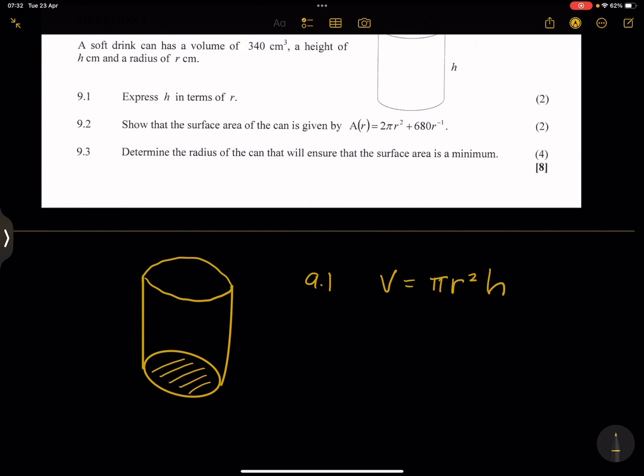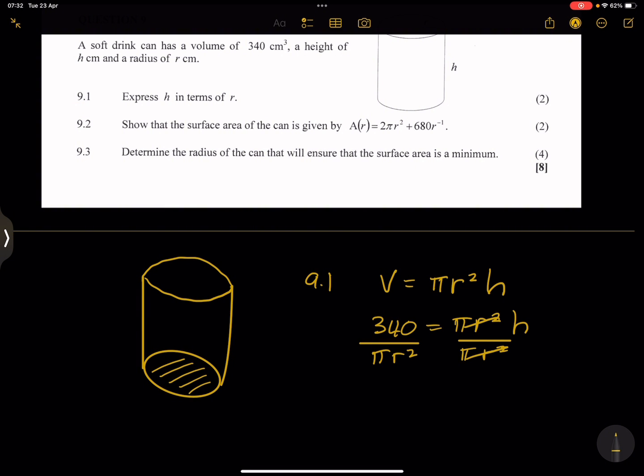And they want us to express h in terms of r. So the volume is given as 340. So this is pi r squared h, and of course, to make h the subject of the formula, we're going to just simply divide by pi r squared.